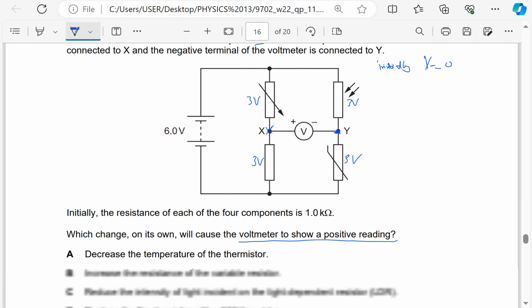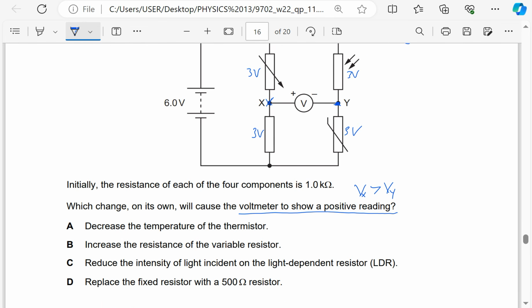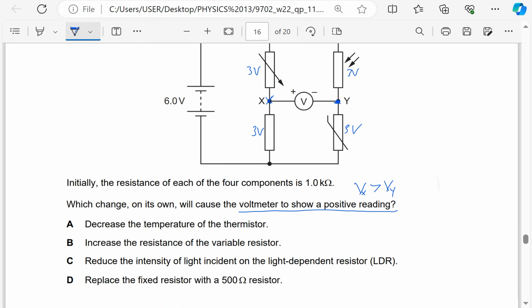But for the voltmeter to show a positive potential, it means potential at X should be greater than potential at Y, because X is where the positive terminal is connected and Y is where the negative terminal is connected. So for this to happen, we should reduce the potential at Y. The only way we can reduce the potential at Y is by ensuring that the PD across the thermistor decreases.